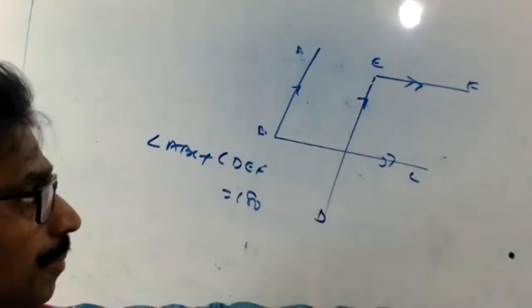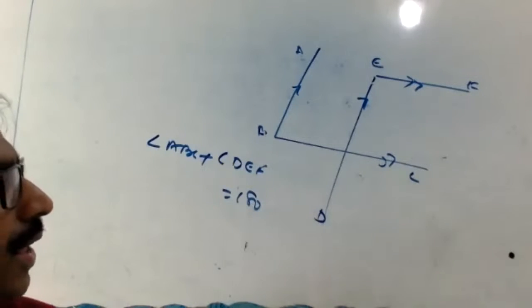Question what? AB parallel to ED. EF parallel to BC.